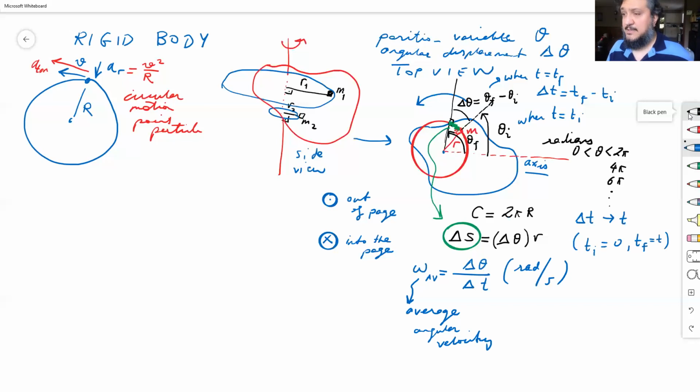With omega, what you can do is look at the changes in theta for very short time intervals, all right? Infinitesimal time interval. So it's taking the limit when delta t goes to 0, very small infinitesimal increment in time, then this ratio will be just called omega, which means the instantaneous angular velocity.